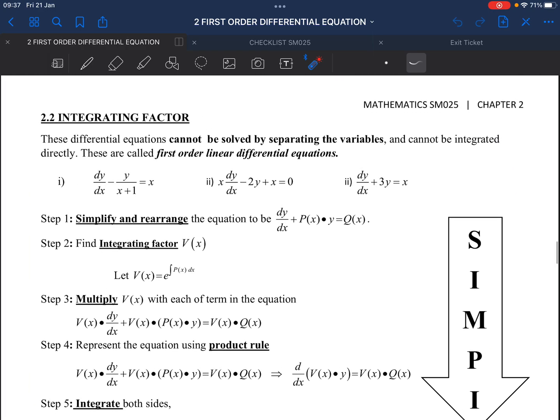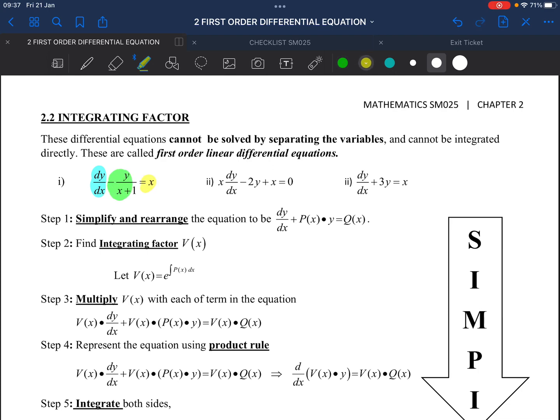So the question might say, solve the differential equation, but how do we differentiate between whether to use separable or integrating factor? As you can see here, for the first example, kalau kita ada 2 block, that means you have to use separable. Kalau kita ada 3 expression, contoh 3 expression tu lah, ini 1, ini 2, this one is 3.